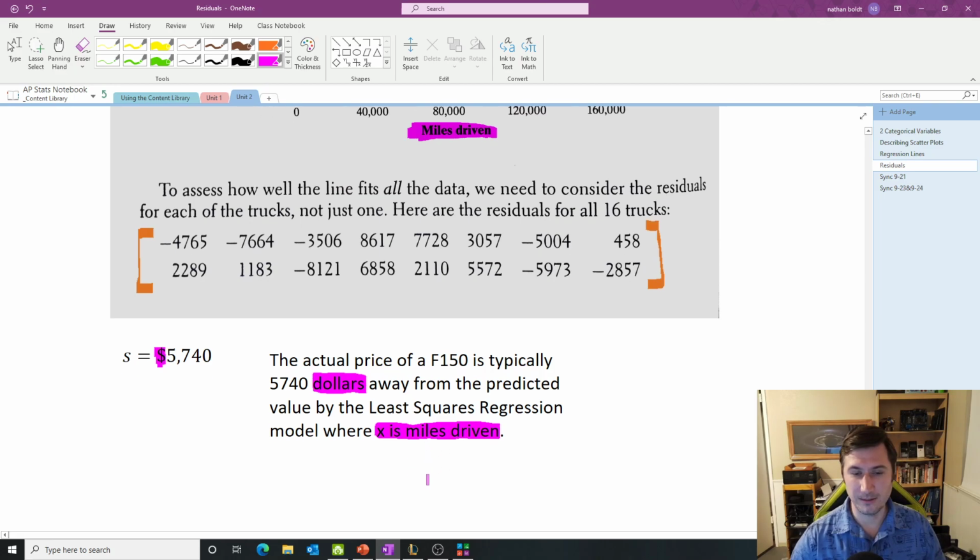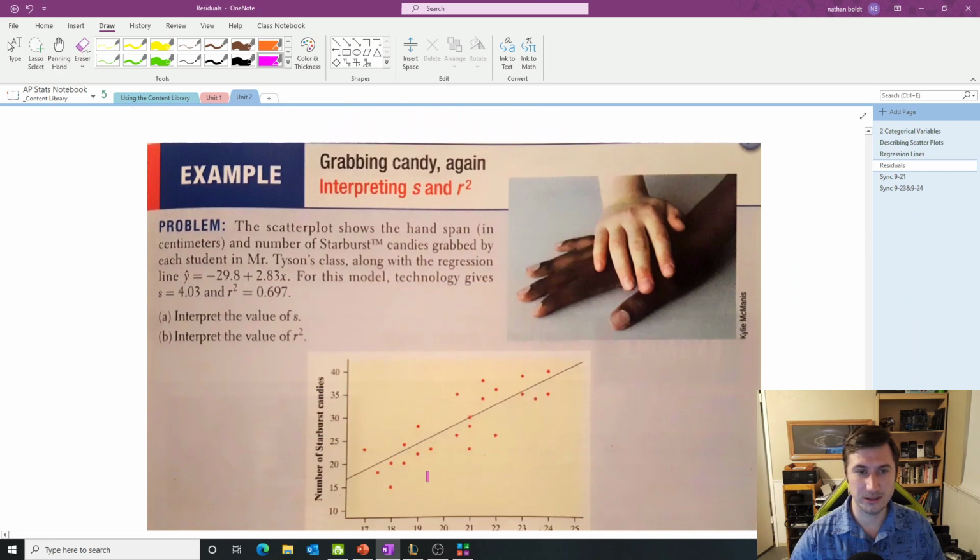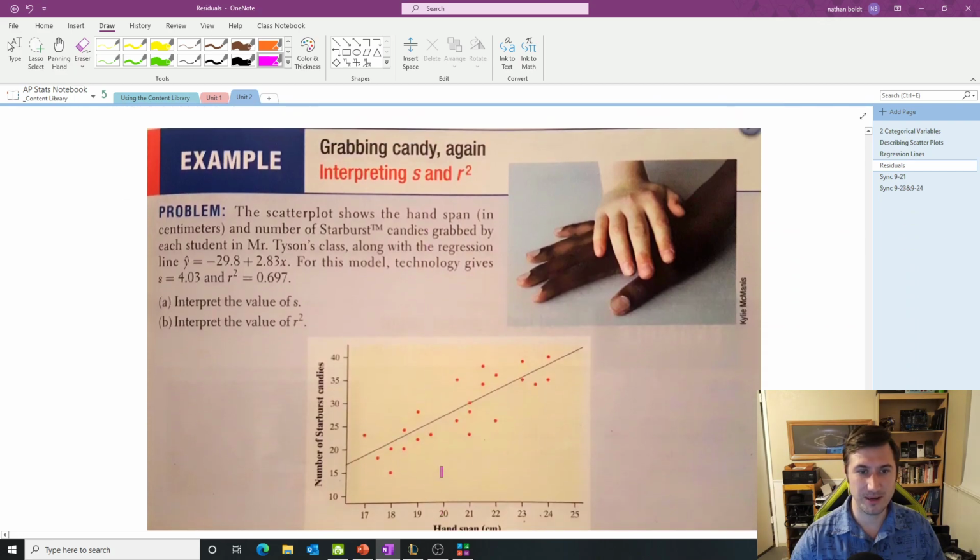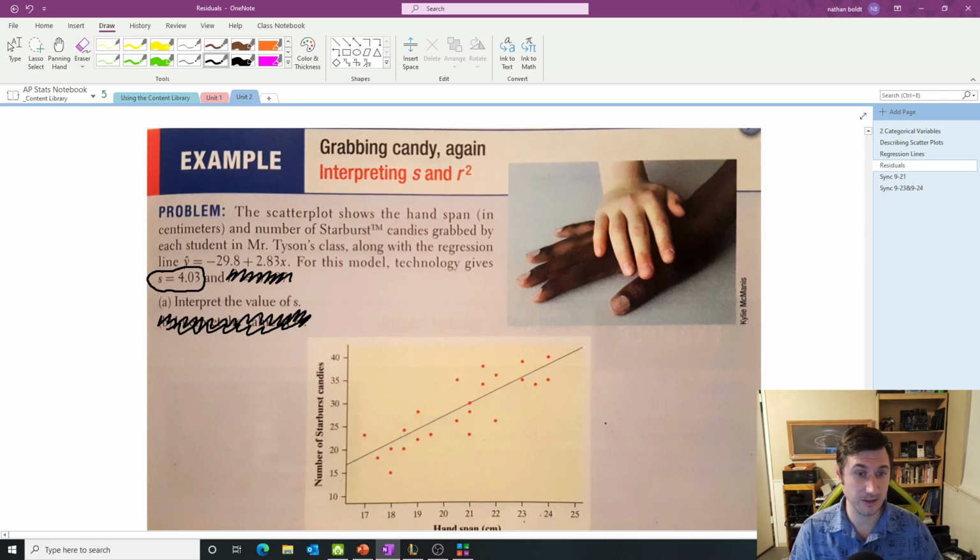All right, let me give you one more here. Can you read this? Back to our Starburst example. I want you to try to write a sentence for the standard deviation. Don't do B. We haven't talked about R squared. Spoiler. But you should be able to write a sentence for the standard deviation. Remember, that does have units. Write a sentence there.